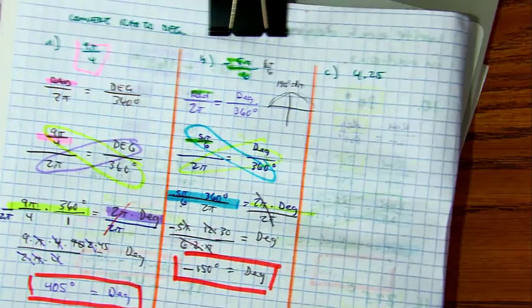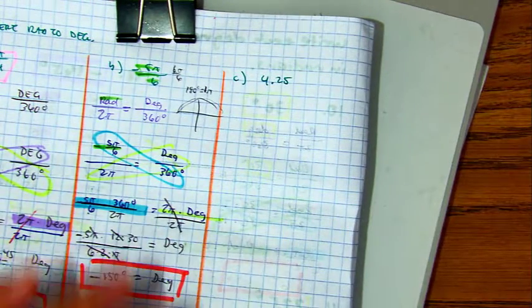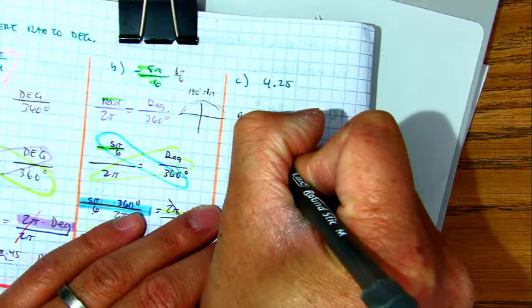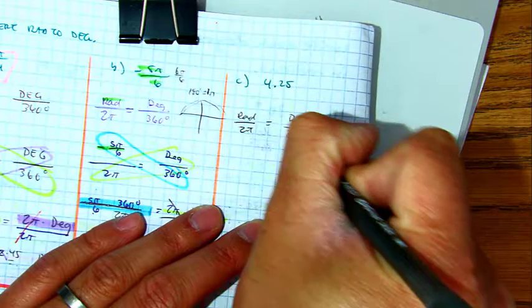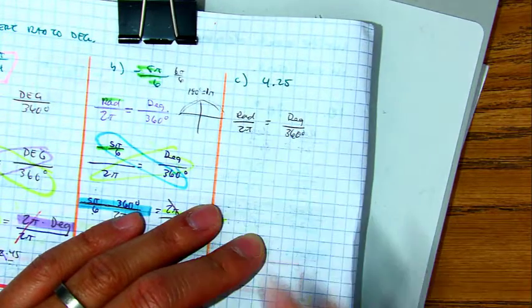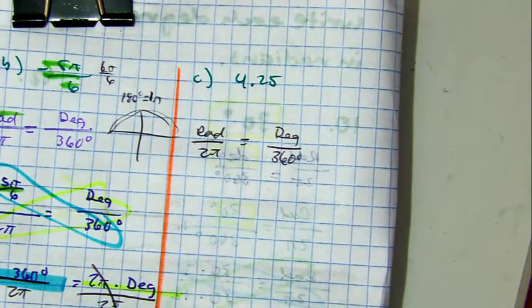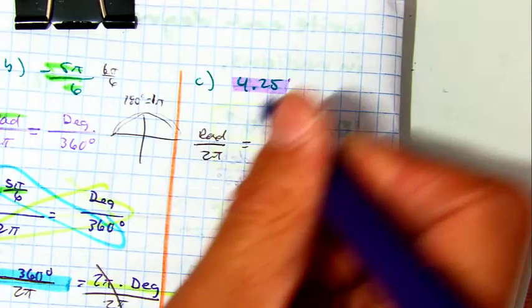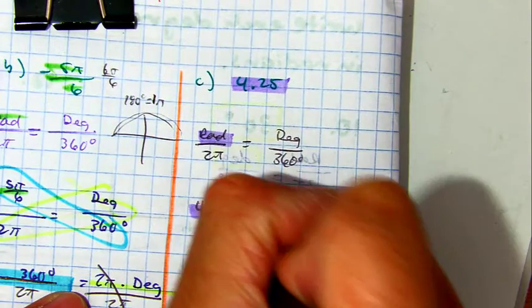Alright, let's do the last one here. Cindy, what's our awesome proportion? And Cindy, do we have degrees or radians here? How do you know that's radians? It doesn't have a degree symbol. Good. So I have 4.25 radians over 2 pi, right?